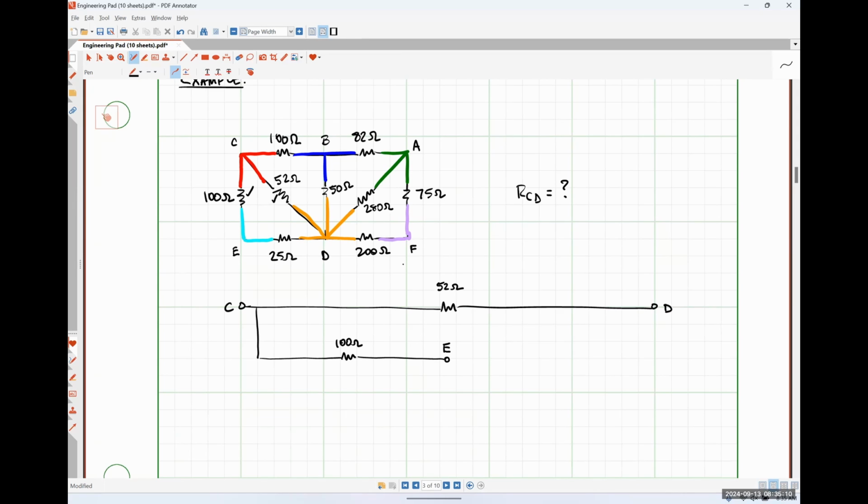And then I'm going to go from E to D through the 25 ohm resistor, which will be this guy over here.